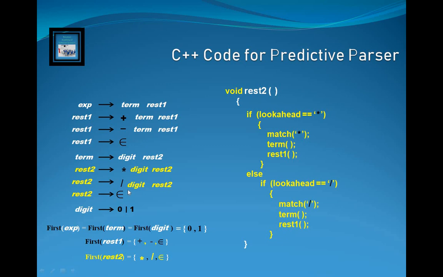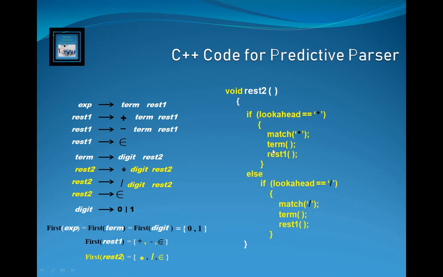In the worst case, when you cannot implement the first production as well as the second production, then you will do nothing, meaning you will not report a syntax error, because rest2 can have the form of epsilon.